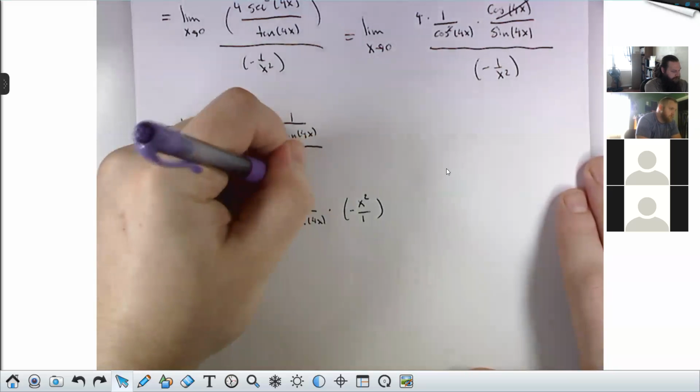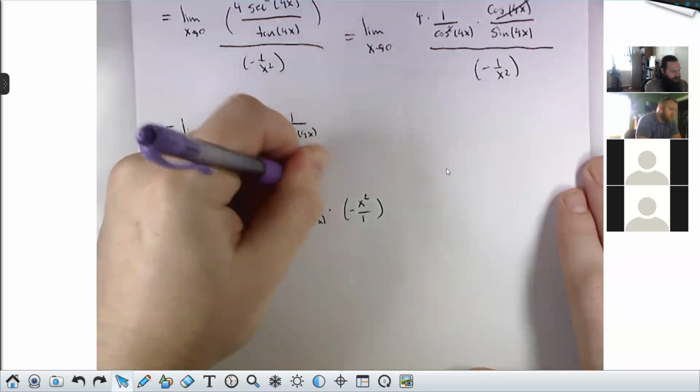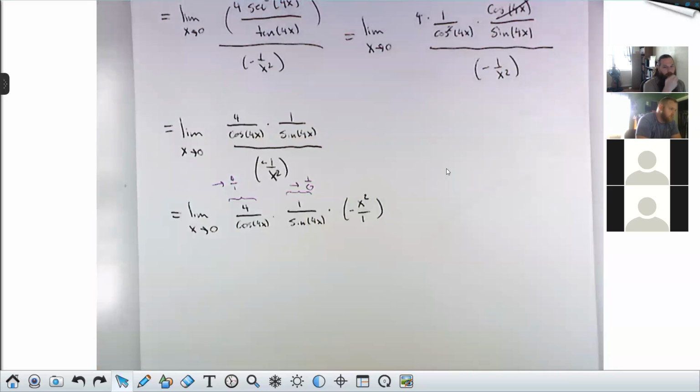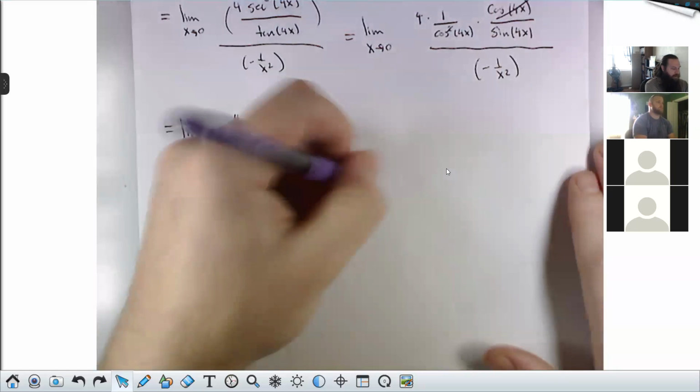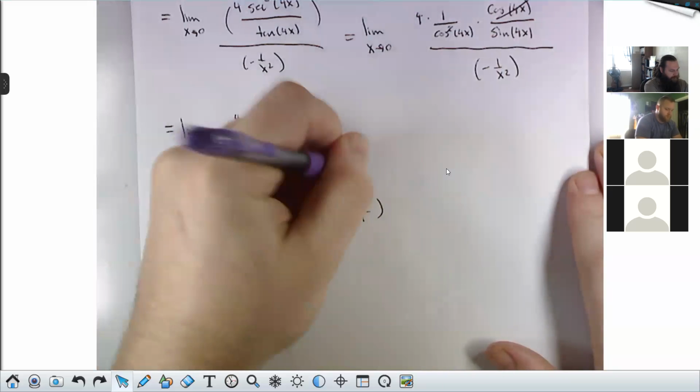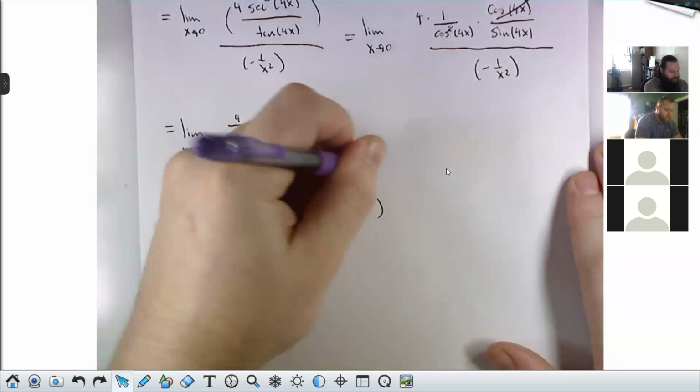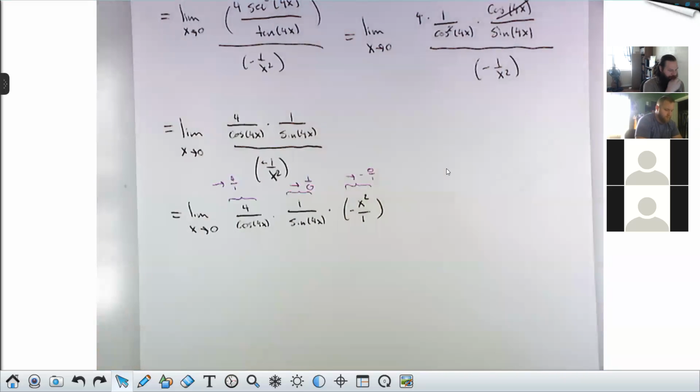This piece looks like 1/0 as x goes to 0, because the sine of 0 is 0. And this piece is going to -0/1. So this first piece isn't an issue. I'm not worried about this piece, but I am worried about these pieces.